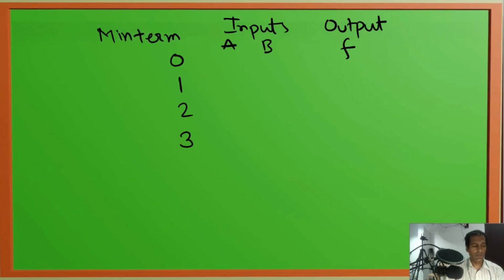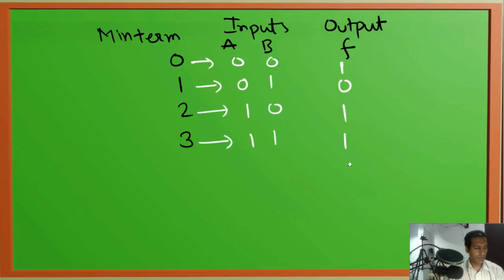For 0, inputs will be 0, 0. For 1, 0, 1, and this is representing 1, 0. This is representing 1, 1. So there may be some output of our expression, say 1, 0, 1, 1. So like this we can have the different values in the table.